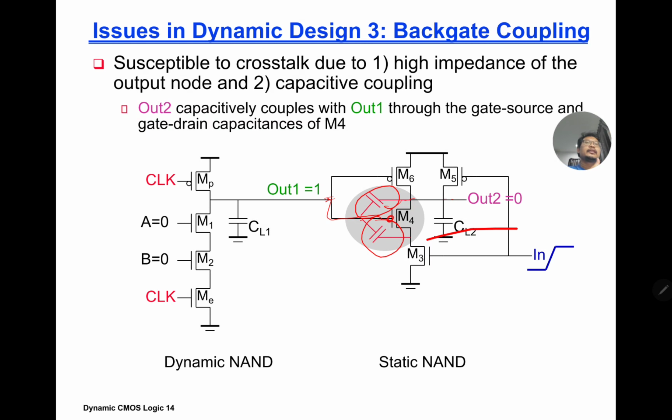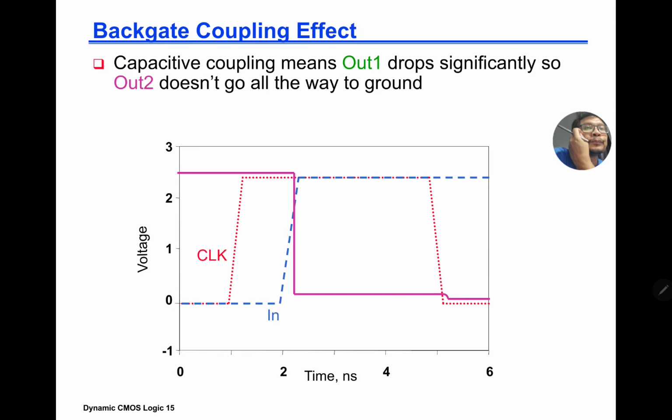So you have crosstalk between those two, because we have this node here that we didn't have before in static CMOS. This node is connected to out2, and then we have two parallel wires together creating crosstalk and some noise in the signal. Capacitive coupling means out1 drops significantly, so out2 doesn't go all the way to ground. That's the issue.